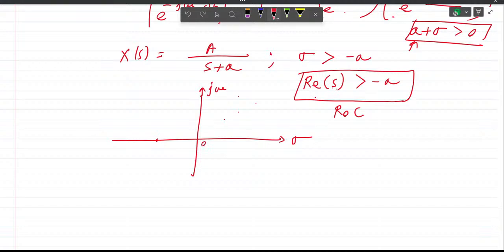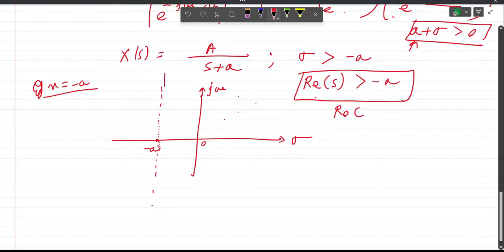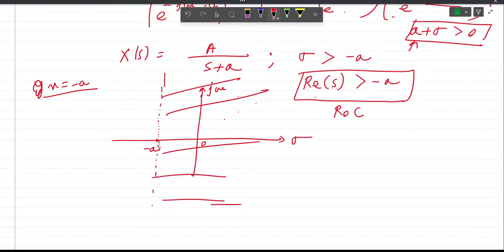If minus a is here, and let's say x equals minus a, this is a straight line drawn parallel to the y-axis. Beyond this line, towards the negative side, it is not valid. But on the right-hand side of sigma equal to minus a, every point is valid.